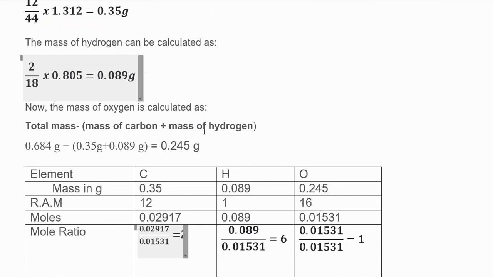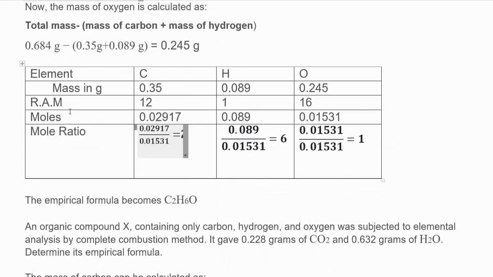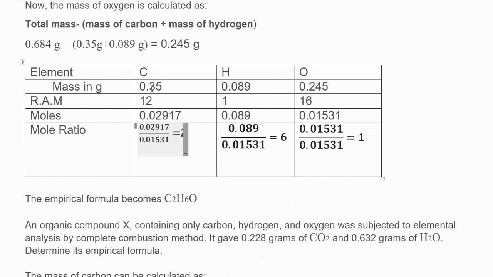Now once we have obtained the mass of oxygen, carbon and hydrogen, we go to the table and we put carbon, hydrogen and oxygen, mass in grams. Mass for carbon was 0.35, that and that. RAM of carbon is 12, RAM of hydrogen is 1, RAM of oxygen is 16.